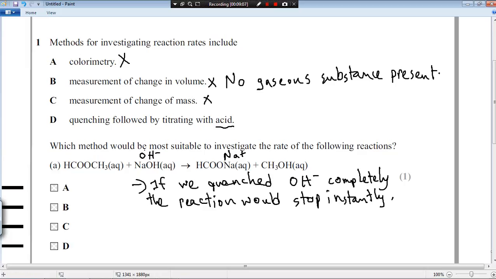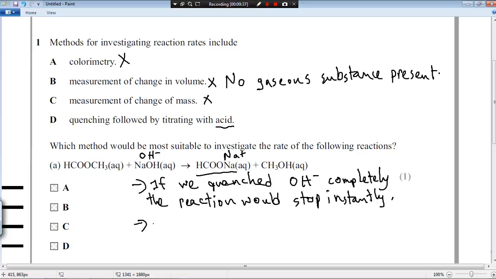So if we remove this hydroxide in any way, the reaction would stop instantly. Then we can titrate this against acid, since Na plus is present over here. Na plus will react with H plus ions.